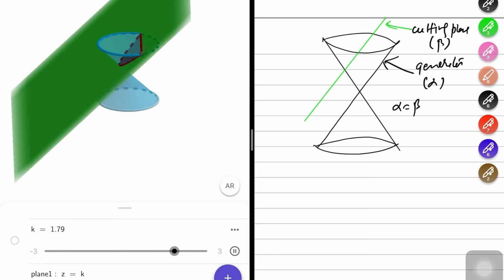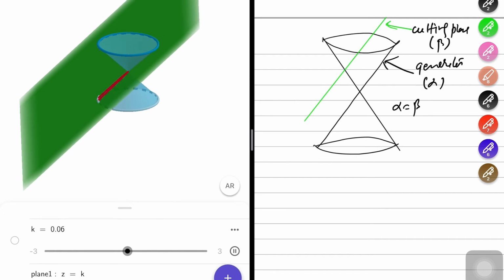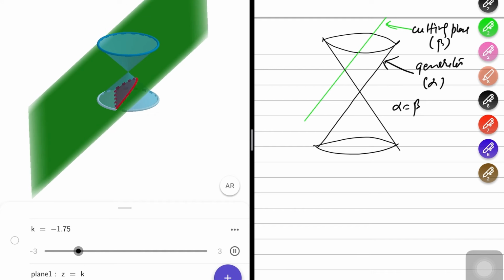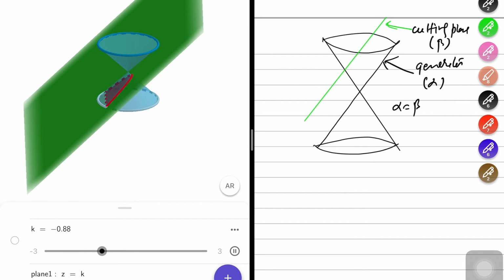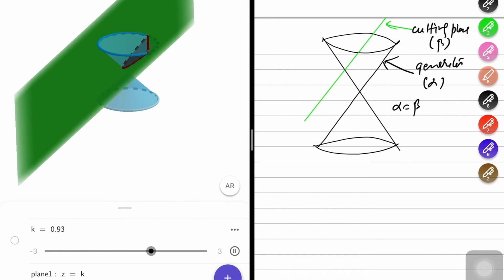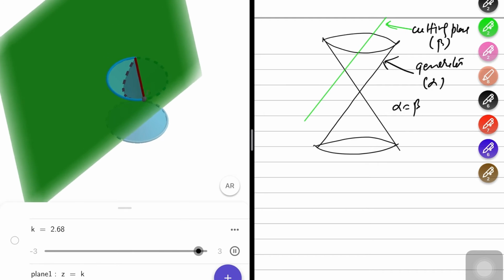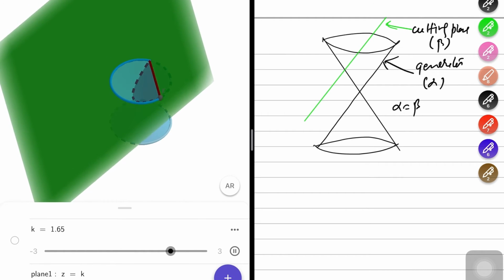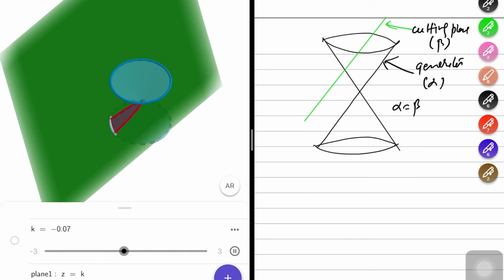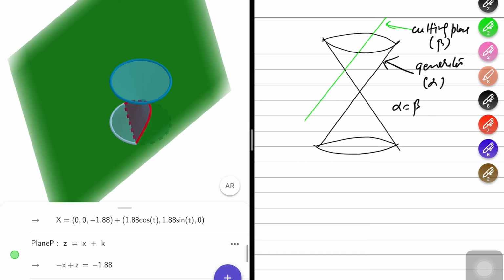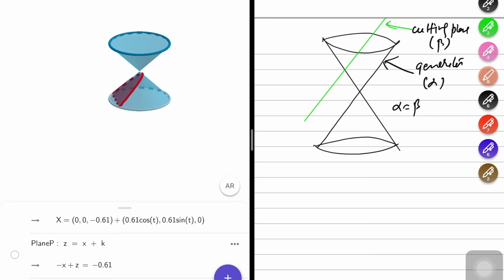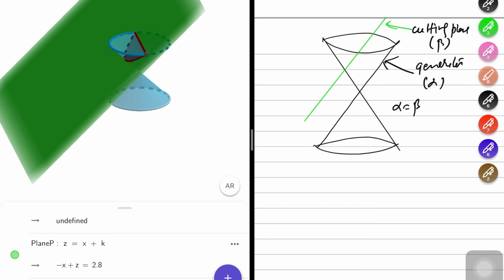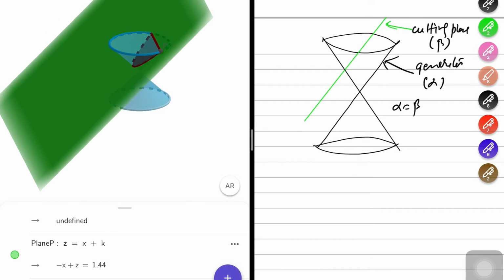If we cut the upper nappe of the cone, we get a parabola on the upside, and if the plane is cutting the lower nappe of the cone, we get a downward parabola. At different positions we are getting a parabola. So this was the non-degenerate case.